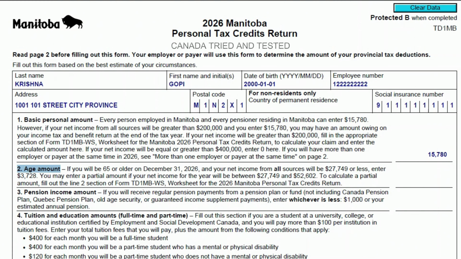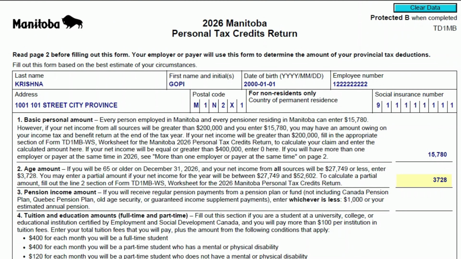Age amount: if you are less than 65 years on December 31st, 2026, enter 0. And if you are 65 years or older as on 31st December 2026 and your net income from all sources will be 27,749 or less, in that case, enter 3,728.